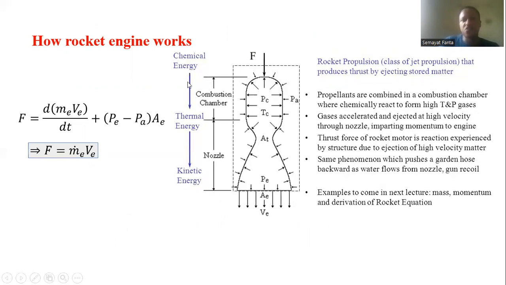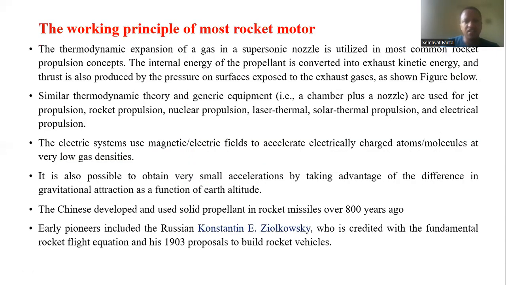So in the combustion chamber, we have energy conversion from chemical energy to thermal energy. And then at the throat, a narrow section, there is high kinetic energy, that is, the escaping of the hot particles coming through the nozzle. So there it is from thermal energy to kinetic energy. So these are the conversions of energy.